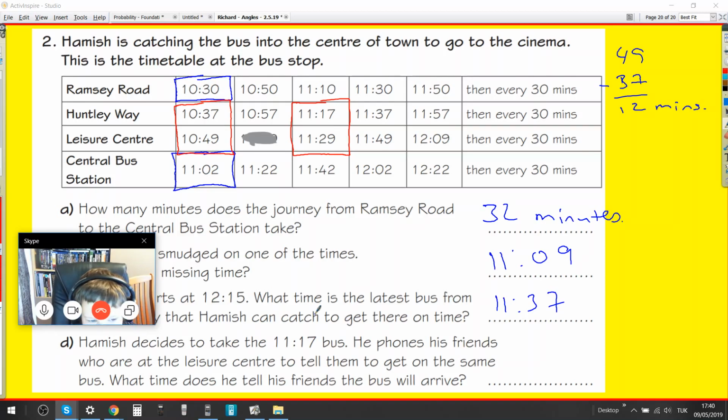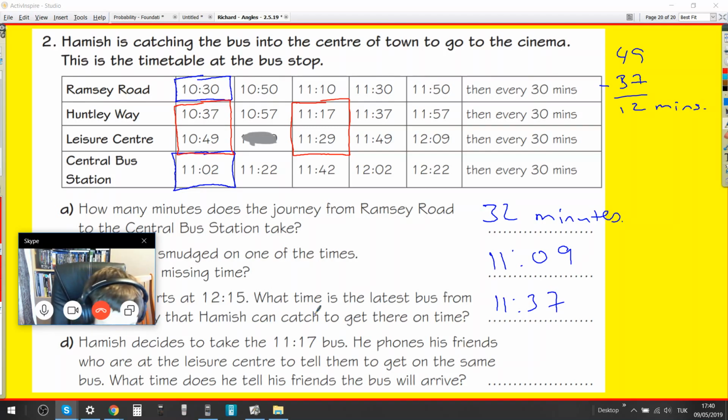Well, 11:17 from Huntley Way. So yeah, he decides to take the 11:17 bus from Huntley Way, and his friends are at the leisure centre.